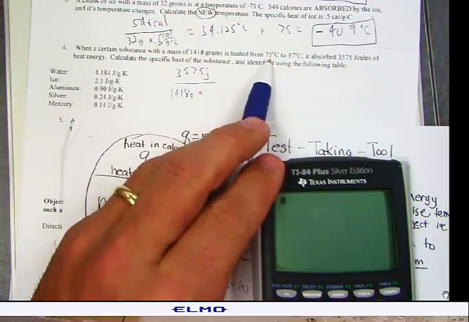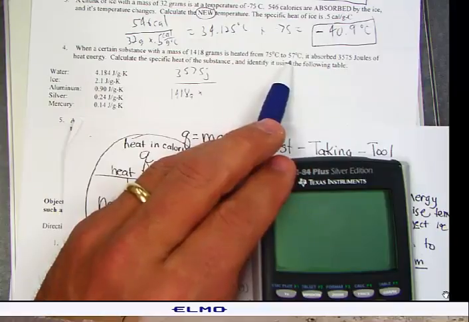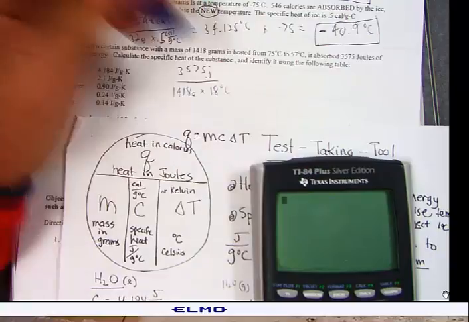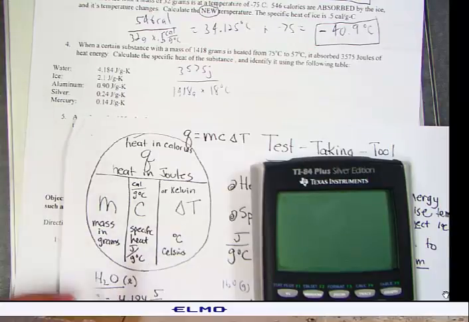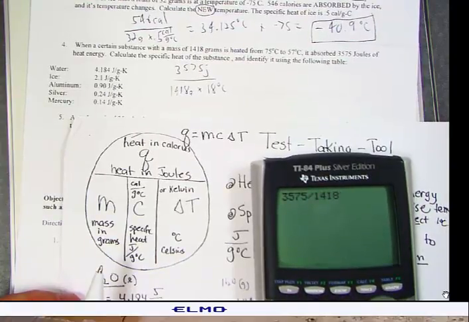Well, if it's changing from 75 to 57, that's a difference of 18. 75 minus 57, the change is 18. 3575 divided by 1418 divided by 18, and that equals 0.14.